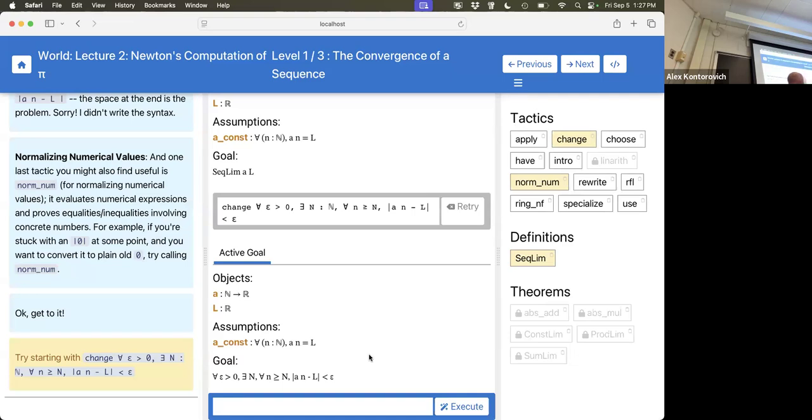What do you do when the goal says for all epsilon? What's the tactic that helps you make progress for a universal quantifier? You can look back on your previous notes if you forgot which one it is.